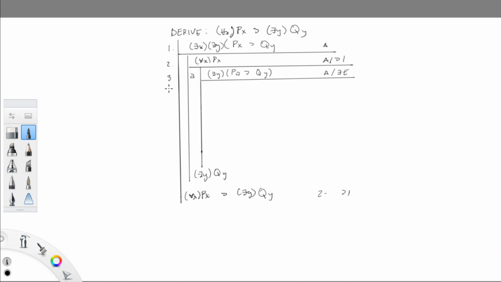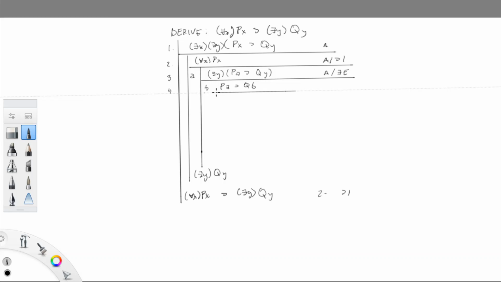On line 4, we're going to start another subderivation because on line 3, we just have an existential generalization to work with. And the rule for working with that generalization is the same rule we're just now applying. In other words, existential elimination.